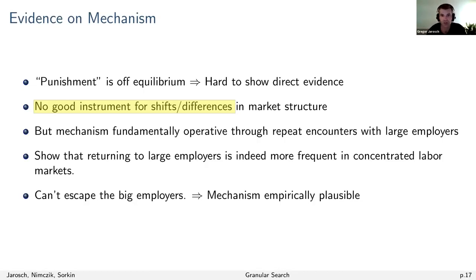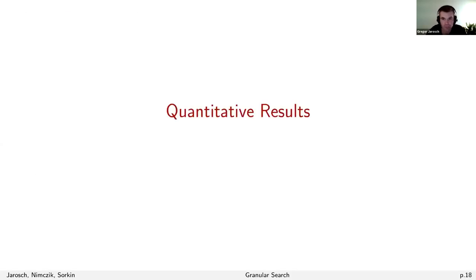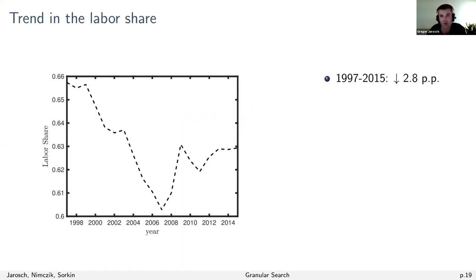And we show that this is indeed much more frequently the case in more concentrated labor markets. So we argue that this evidence makes the mechanism empirically plausible. Okay, but that's all we have in terms of direct evidence, in terms of grounding this tightly in the data. Gregor, right?